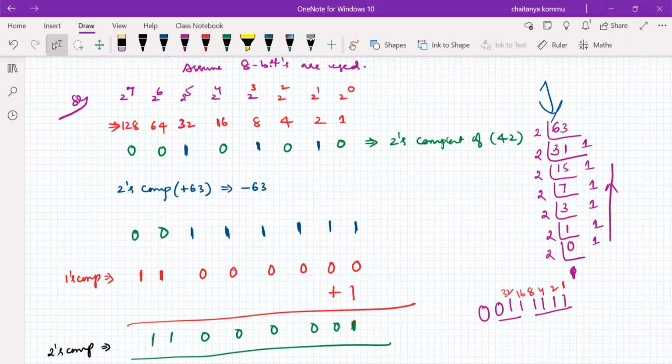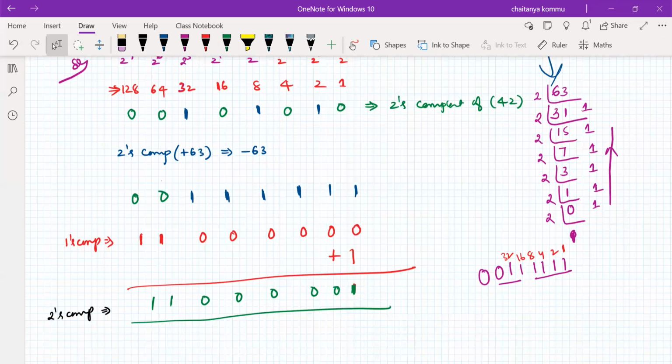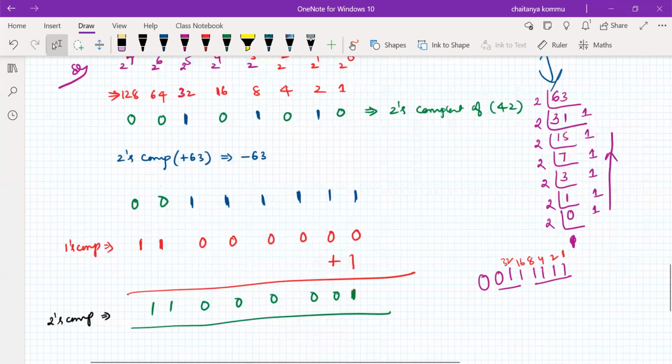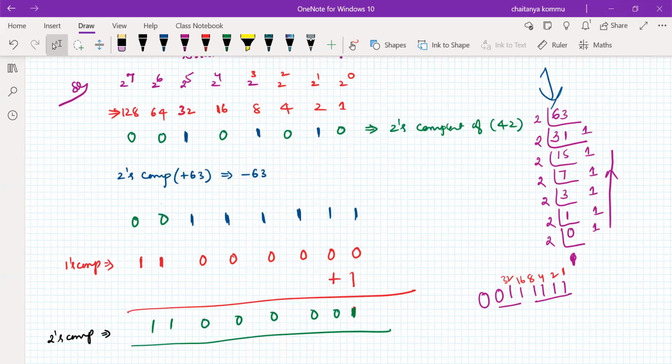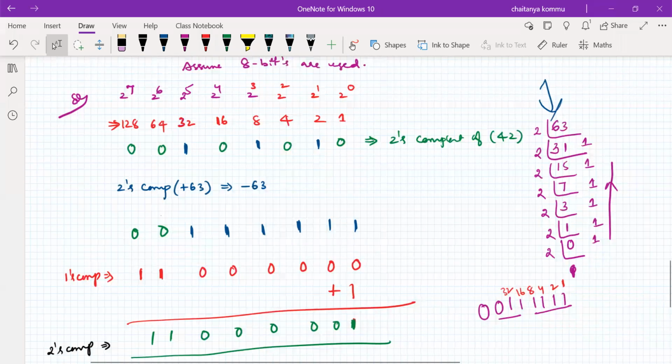Can you guess what is this value? In 8 digits, it is requested that we have to use 8 bits only. 128. Sir, 0, 1, 1, 1, 1, 0, 0, 0, sir.